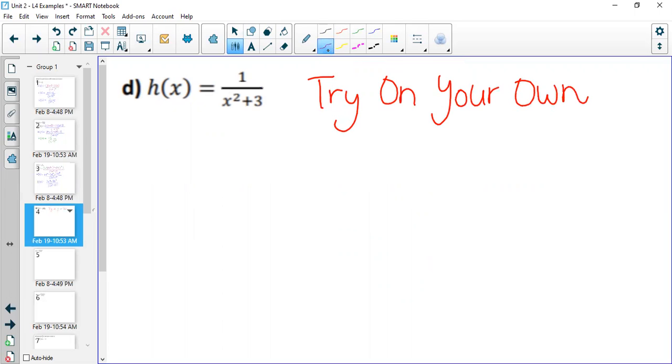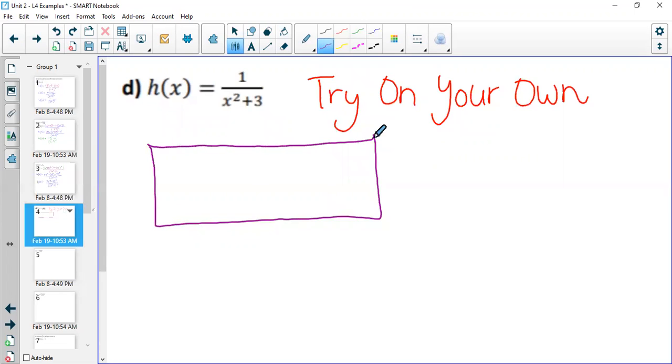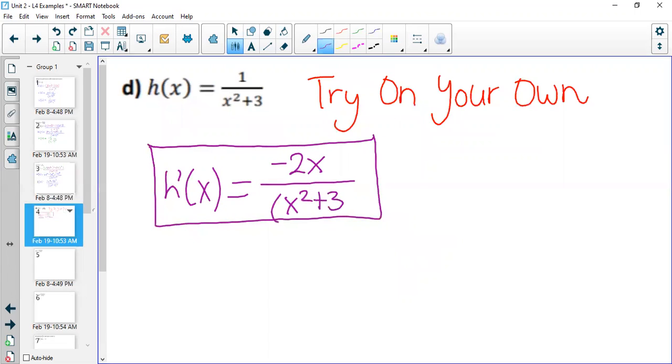And so the answer to this very simple function is h prime of x is equal to negative 2x over x squared plus 3 squared.